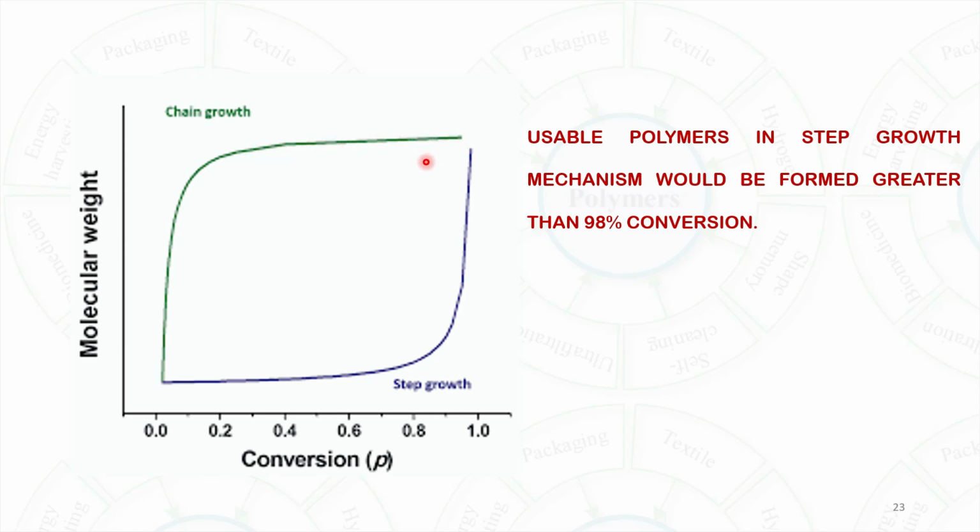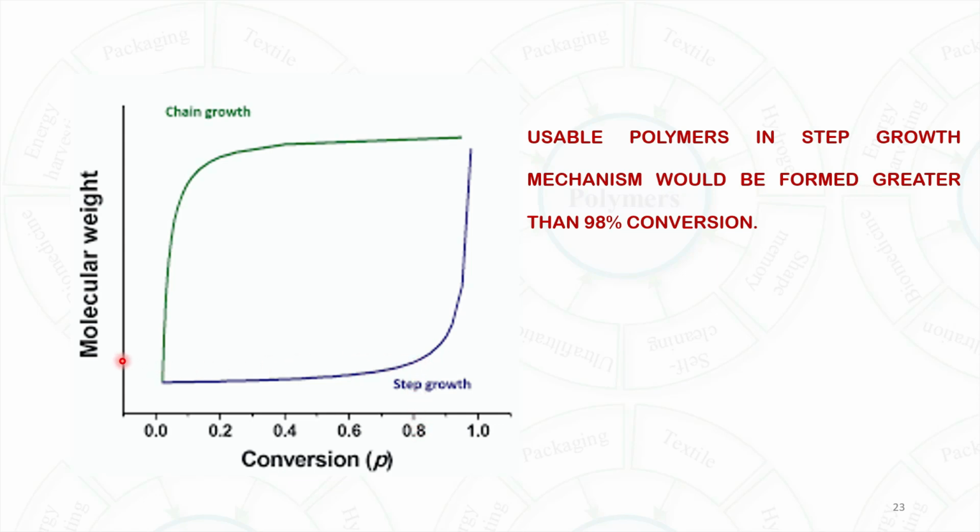But what happens in the case of the very important condensation or step growth polymerization? You can see the molecular weight is not increasing in the initial stages of conversion. Even when you have completed your reaction up to 80%, the molecular weight of the polymer is very, very low, as you can see on this y-axis.